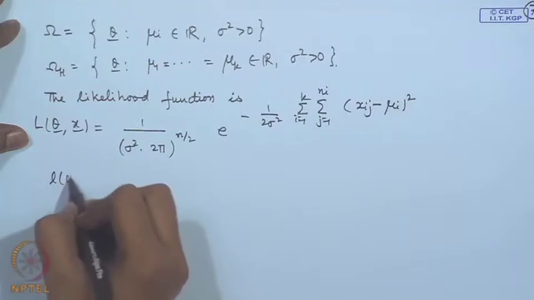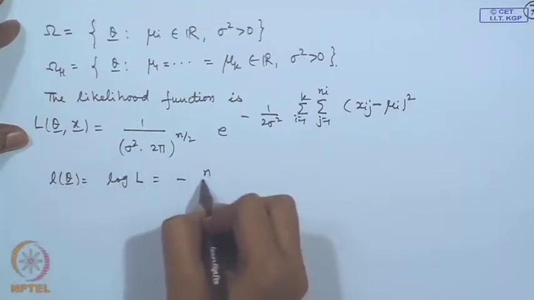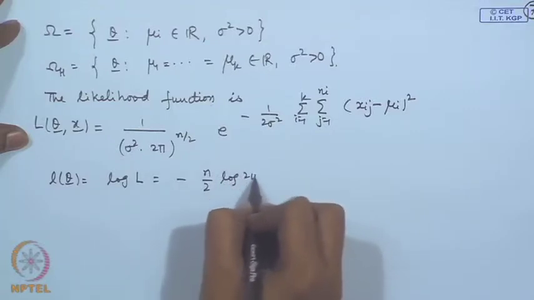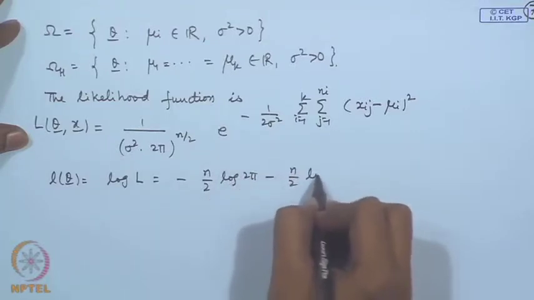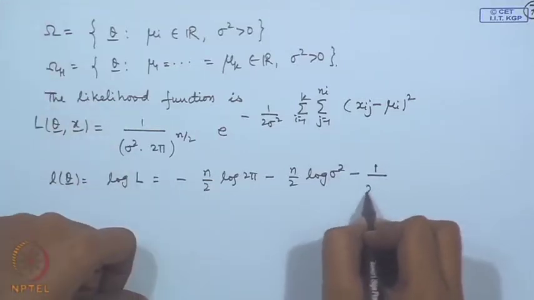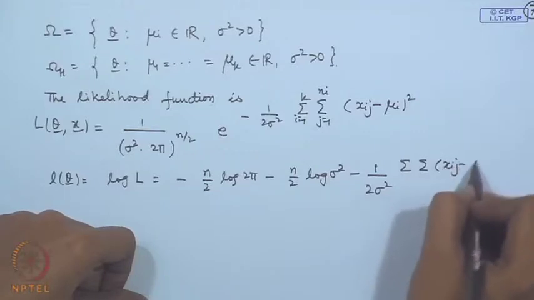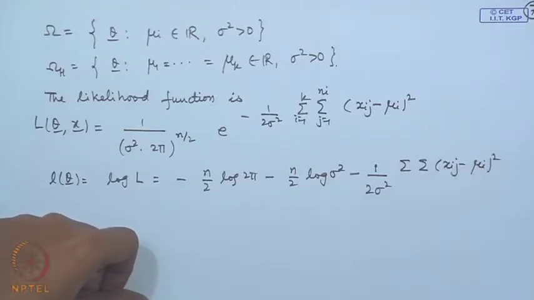So, we take the log likelihood here, that is minus n by 2 log 2 pi minus n by 2 log of sigma square minus 1 by 2 sigma square sigma x i j minus mu i square.